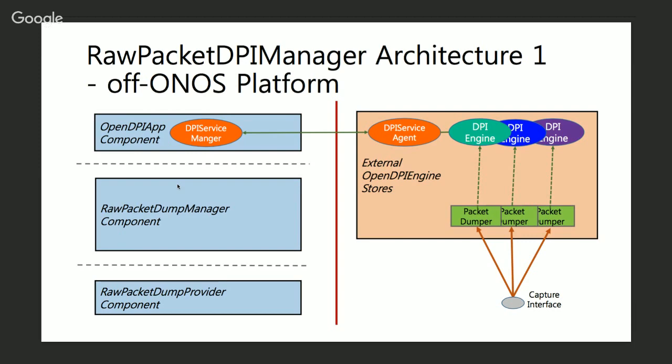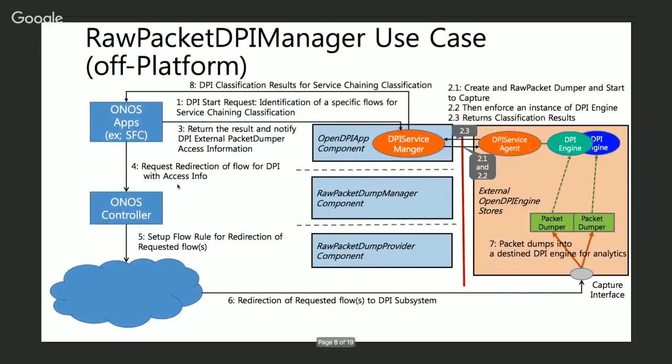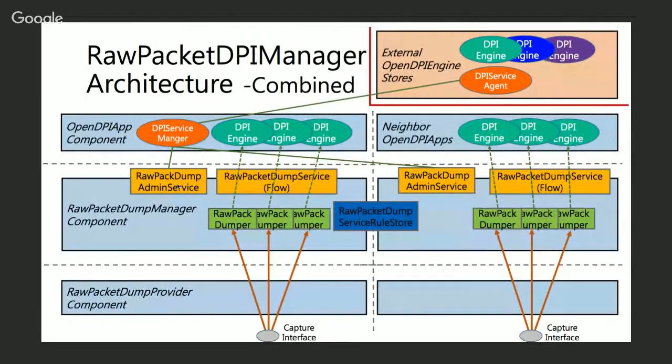If you go to the next slide, further down. This is a combined one. We can have a DPI service manager which can serve for both on and off platform, but it seems there's some complexity involved here, so we need further discussions on this approach.